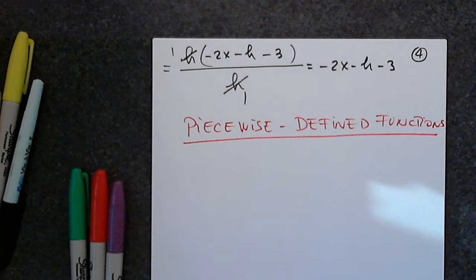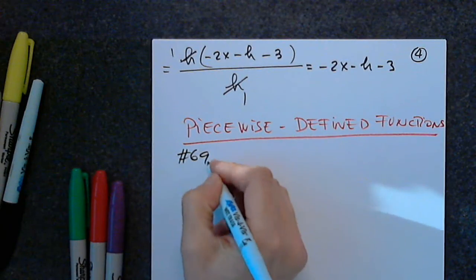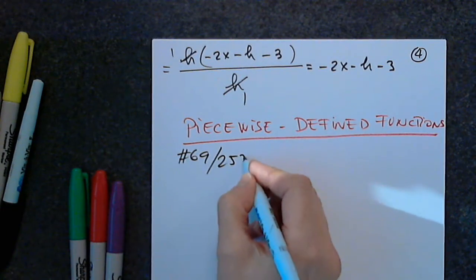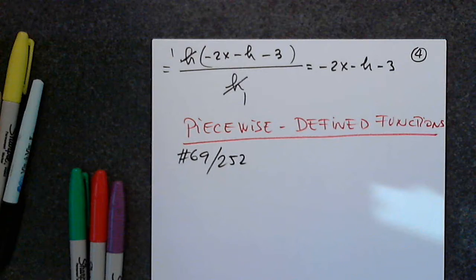I'm going to copy a function from your book on page 252. Let me see if there is any at the end something more exciting. If not, I can make one up. No, not too exciting. Okay. So let's look at problem 69 on page 252, and let's copy the problem first.